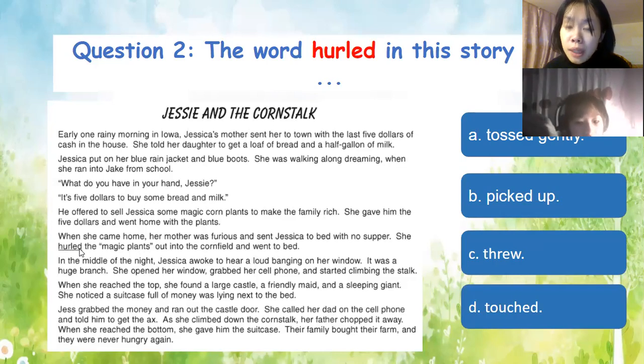And you have to read the sentence before and this sentence. Do you think what this meant?